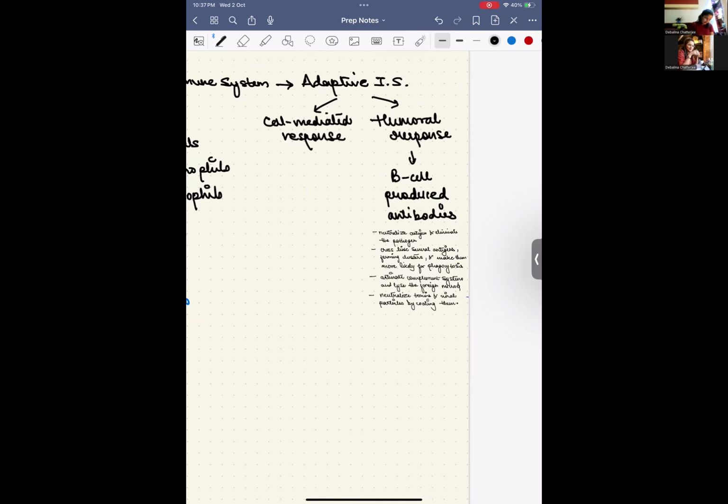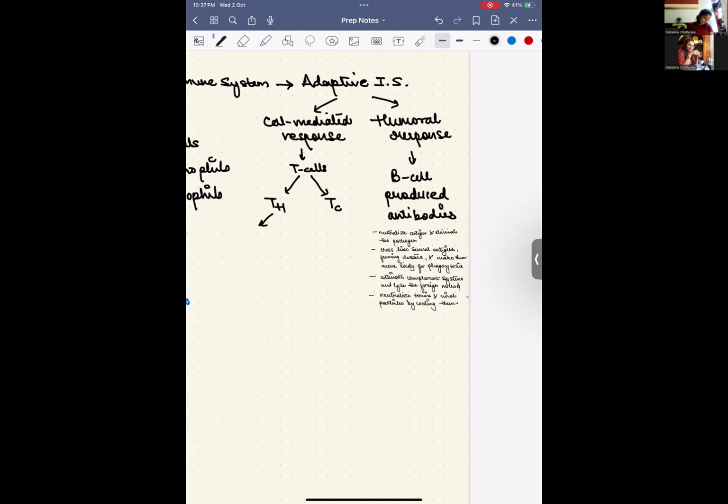At the same time, in the cell-mediated immune response, we have T cells, which can be divided into two subtypes, the T helper subtype and the cytotoxic T subtype.